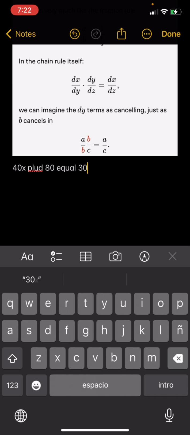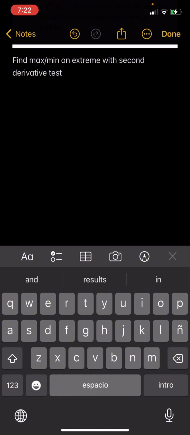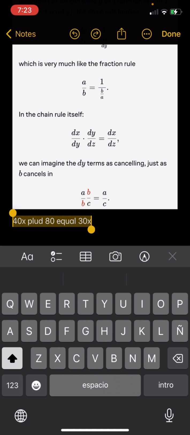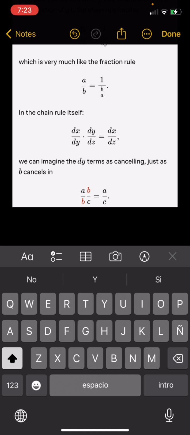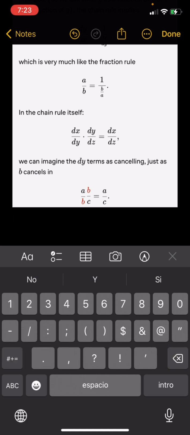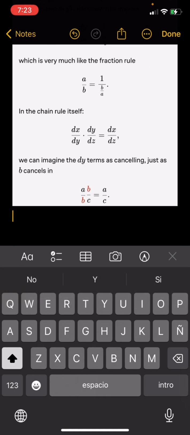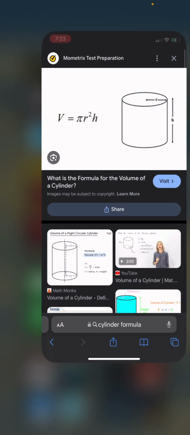It was the right way around. That way. I thought I deleted all of this. It was right for a second. So you can eliminate that. So it would be 8.